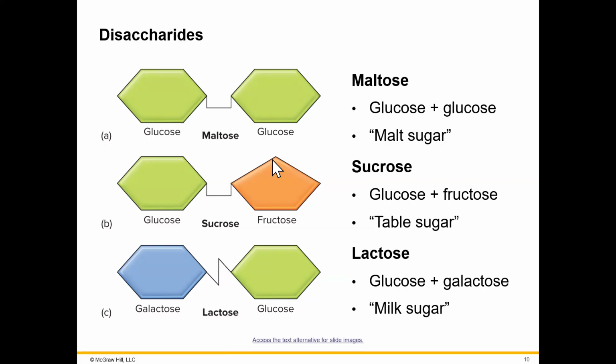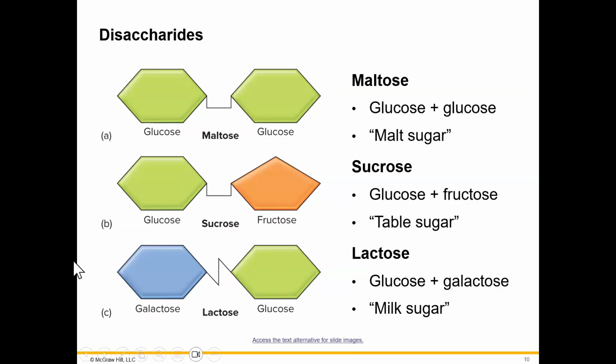The second type of disaccharide is sucrose. This is a monoglucose and a monofructose chemically combined to form what's known as sucrose. You are familiar with it as just regular table sugar. And then we have lactose, which is the monosaccharide galactose and the monosaccharide glucose.